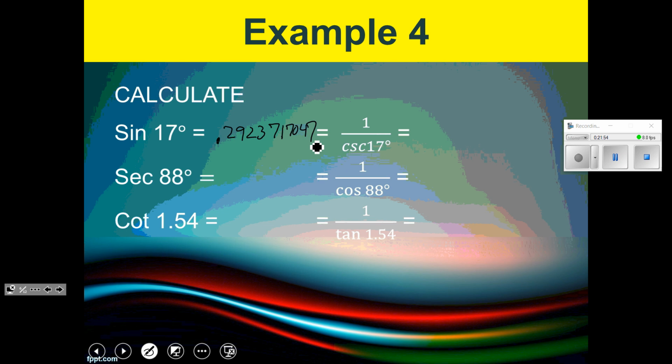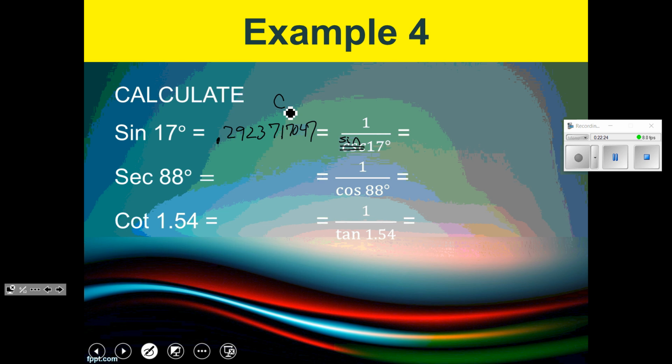Another way you could do this, we know that the reciprocal of sine is what? Cosecant, okay? So if I wanted to know the cosecant, actually, I don't like this. Let me fix this. I want to do 1 over the sine.